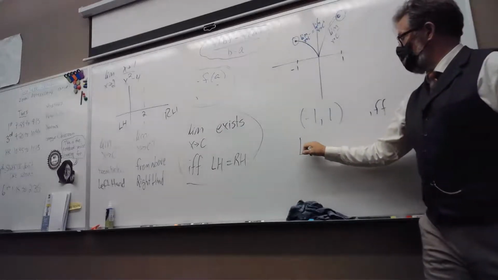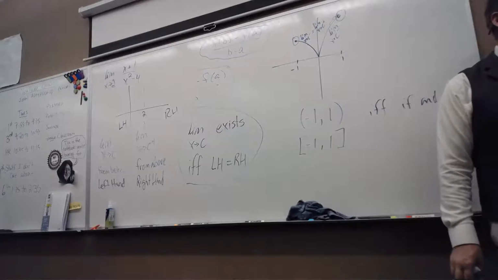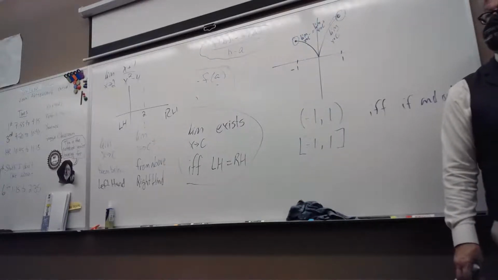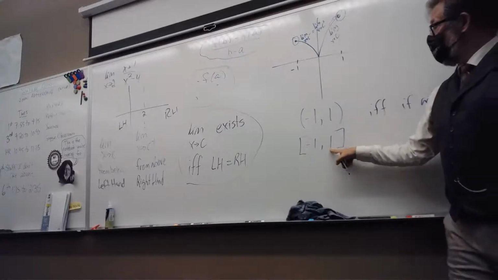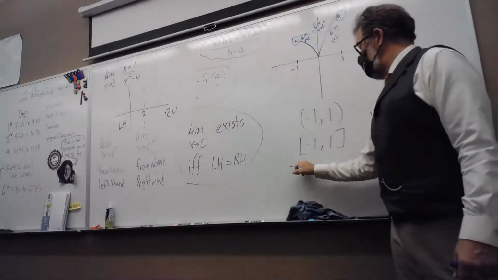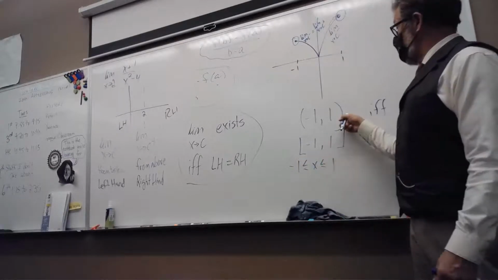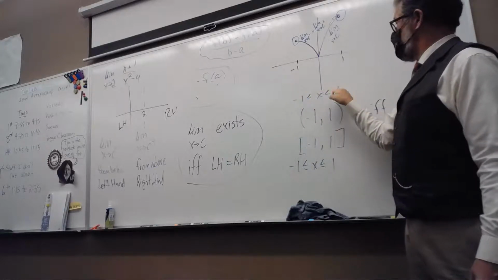This interval means it includes the endpoints. This includes 1. If I was going to write this as an inequality, I would say -1 less than or equal to x less than or equal to 1. If I was going to write this one as an inequality, I would say -1 less than x less than 1.